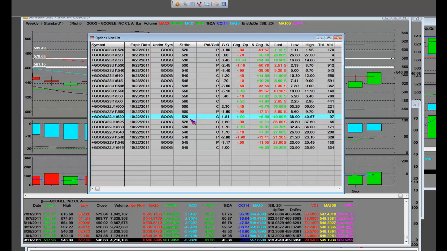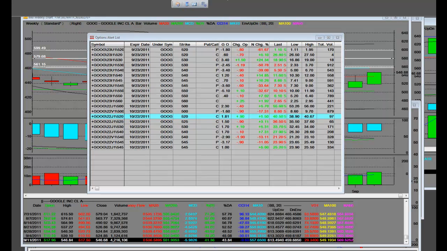Right now, the 520 call, the 525, the 530, and currently the 540 call are all in the money. Now, on the other side of that trade, in the same time frame, is the factor of getting the 520 put with that 520 call.